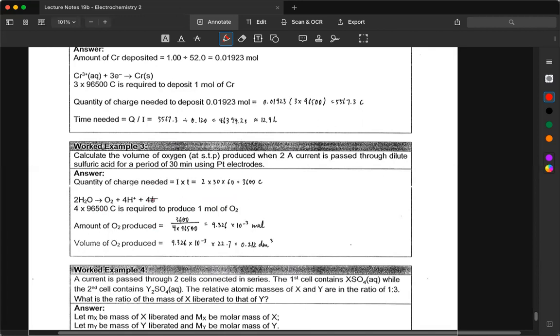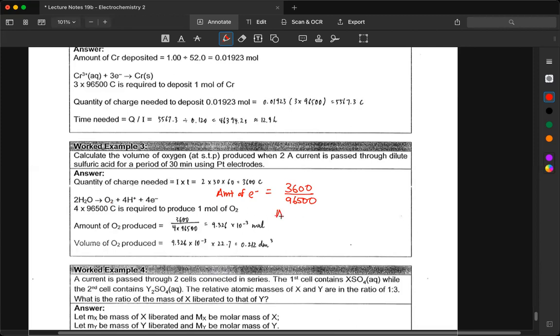divide, because this you can find out the amount of electron here. Okay, but look at the half equation. Then the mole of oxygen to electron is 1:4.